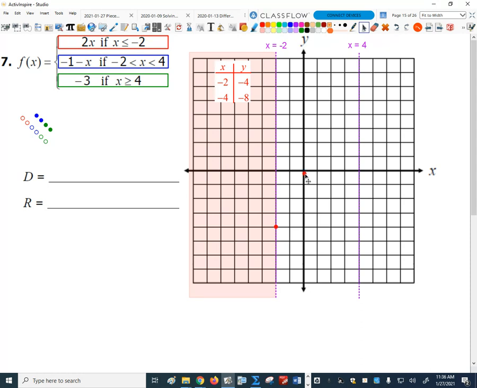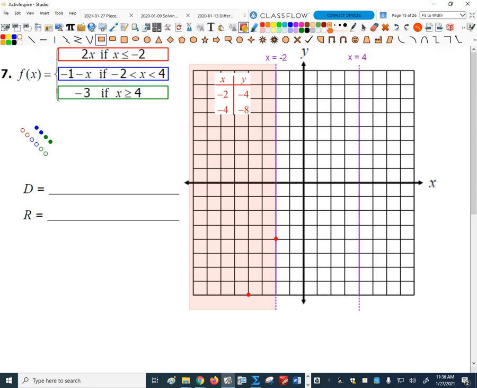And so we go from the origin, we're going to go back 4 and down 8. And then all I've got to do now is just connect those with a ray, right?